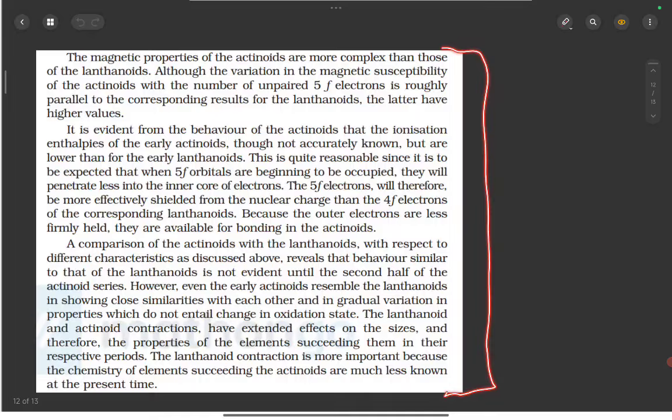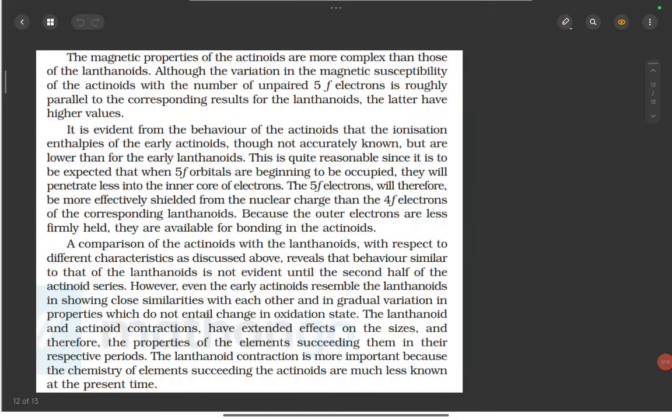This is a very important paragraph in the NCERT, which I guess you can explain yourself better than I can. The only point that I want to tell you is that actinoids have ionization enthalpies, but we haven't been able to study them really well. But they are lower than those of the early lanthanoids thanks to the poor shielding of the 5f electrons. They penetrate less into the inner core of the electrons.